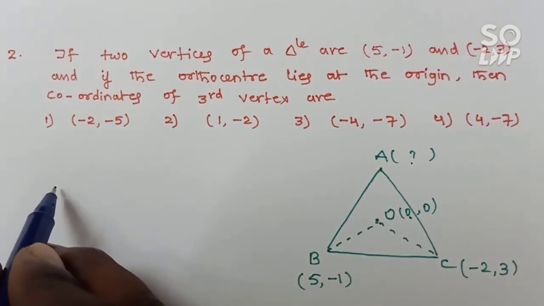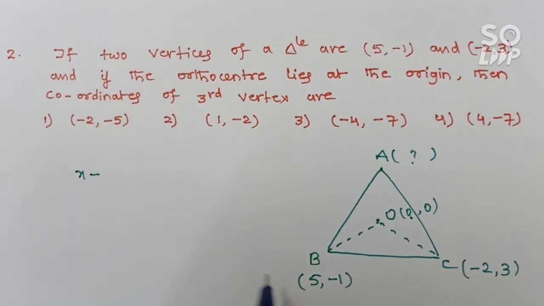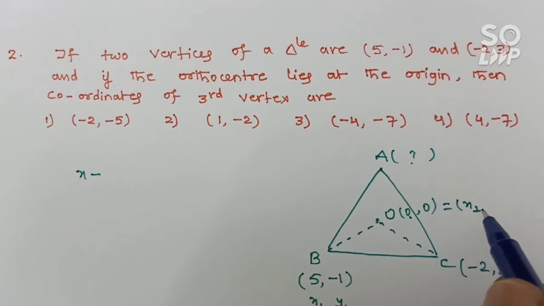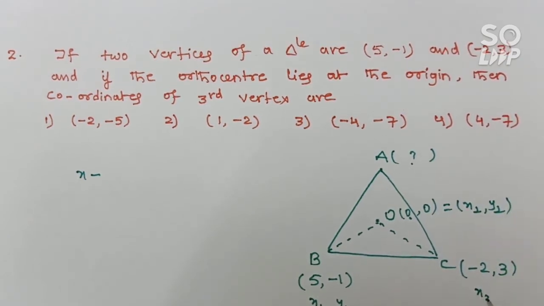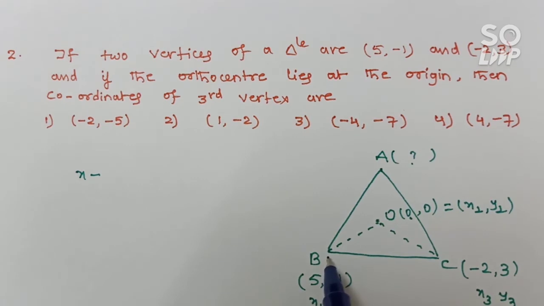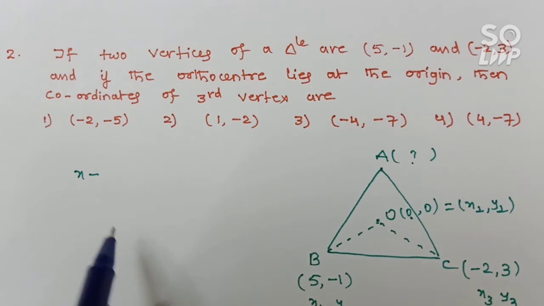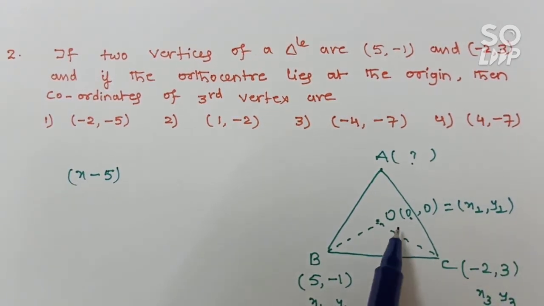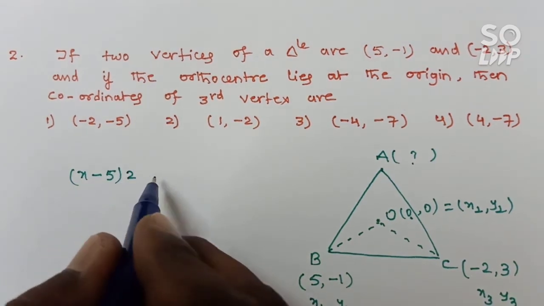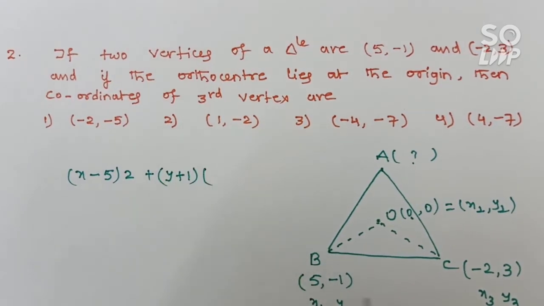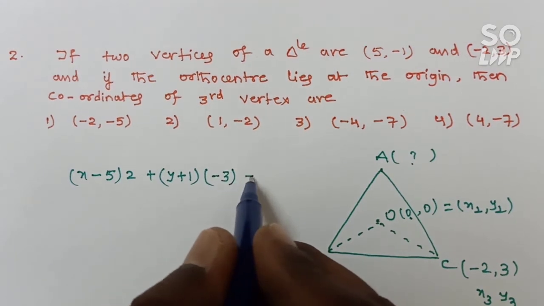Now I am finding the altitude passing through the vertex B. That means x minus x1 is 5 times (x2 minus x3), that is 0 minus of minus 2, that is plus 2, plus (y minus y1), that is y plus 1, times (y2 minus y3), that is 0 minus 3, that is minus 3, equals 0.